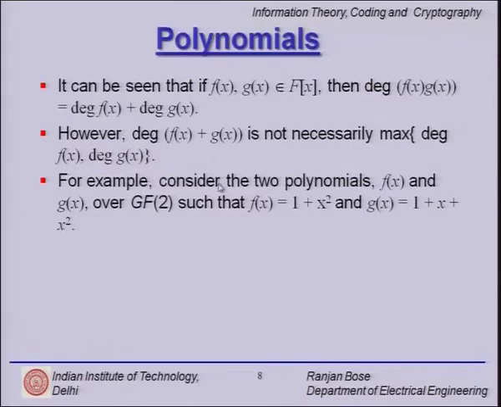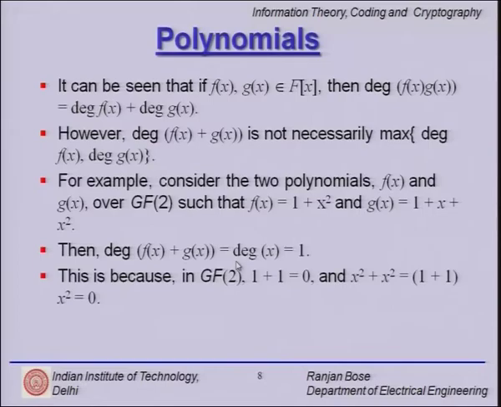So, if 1 plus x square is my polynomial f(x), and g(x) is also 1 plus x square, and if you add them up, look, the degree has actually gone down. This is because if you do binary arithmetic over GF2, then 1 plus 1 is 0, and x square plus x square cancels out, and therefore, the highest power of x is 0.